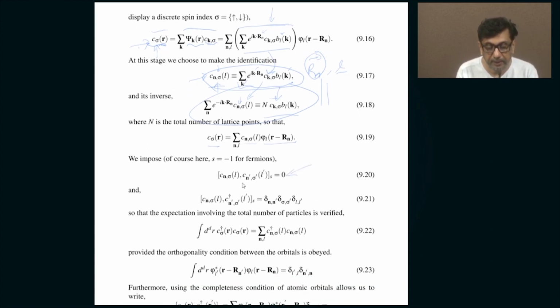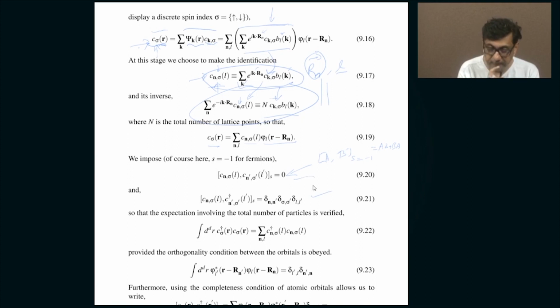So, we can just go ahead and impose these commutation rules. Remember that if S is minus 1, the commutator of A and B means AB plus BA, otherwise it is AB minus BA for bosons. So, the bottom line is that we are going to impose this.